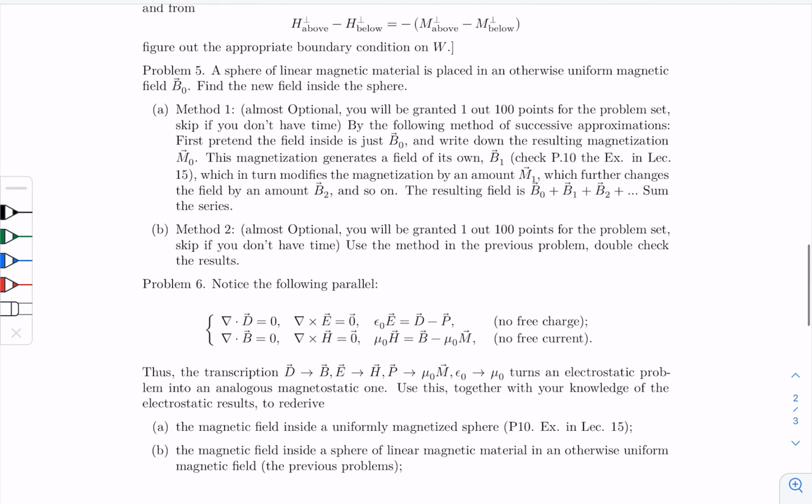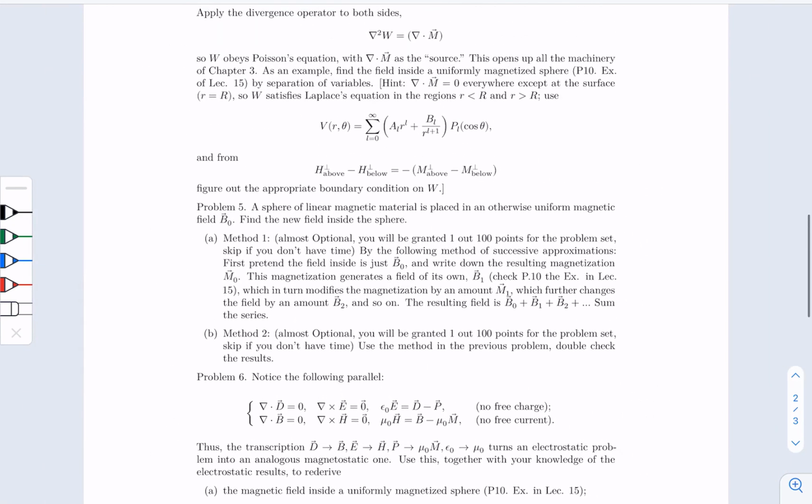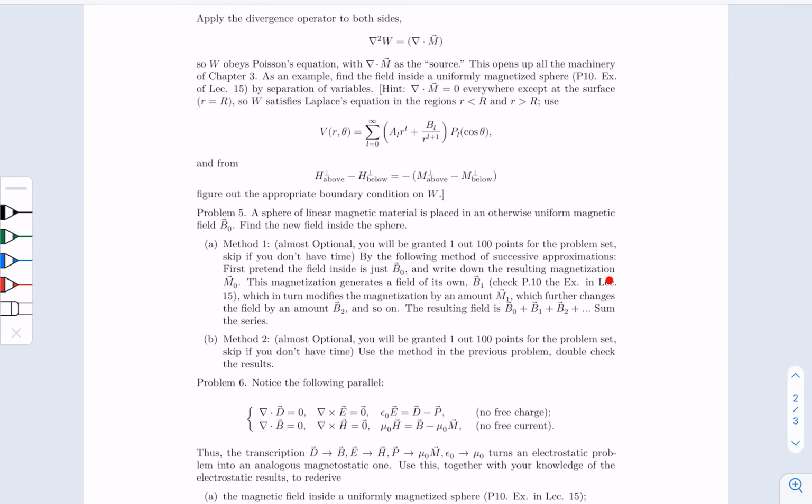But remember that problem 6 is not optional. Okay, so problem 6 is actually one way to calculate problems 4 and 5. So problems 4 and 5 just provide an additional method to calculate the same problem, to help you understand the material better.